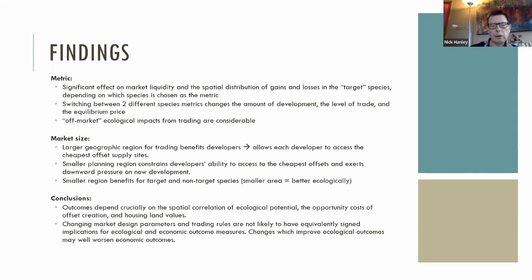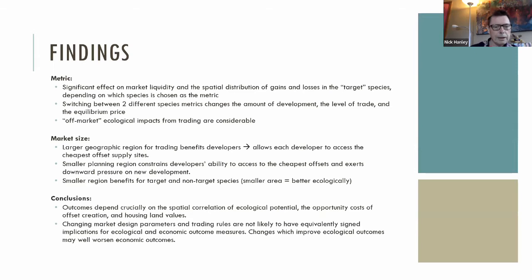And we also found that what we call the off-market ecological impacts from trading are considerable. By off-market, I mean, for example, if the metric of our biodiversity credits is a particular bird like the lapwing, the off-market impacts would be ecological impacts as a result of the operation of the market on other birds. And we found those were considerable.